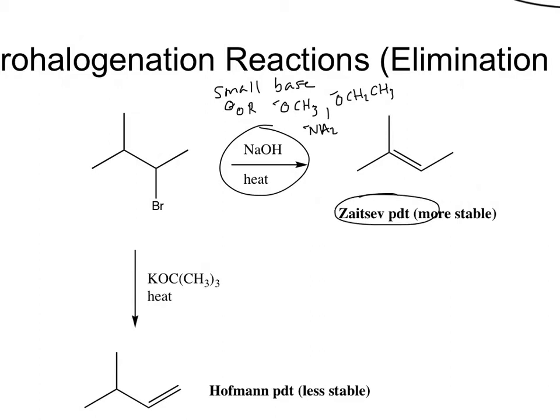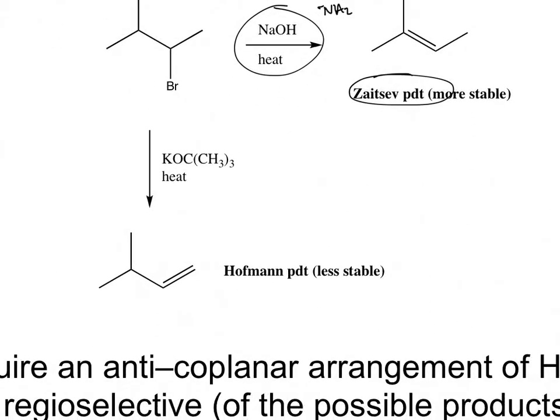If you wanted elimination to occur to give you the less stable option, the less substituted option, so that's where your double bond would be forming right there instead, at the less substituted position, I need to use a big base. So this is the one we're going to use. Potassium tert-butoxide is what it's called.